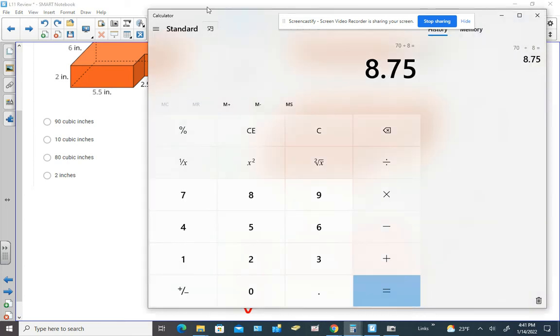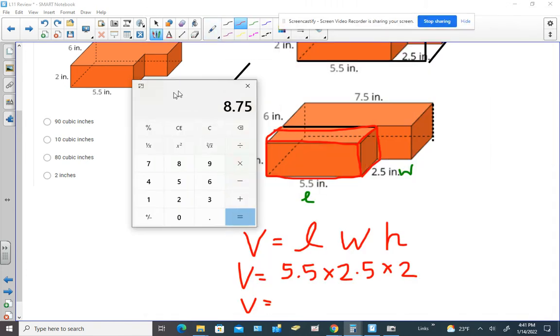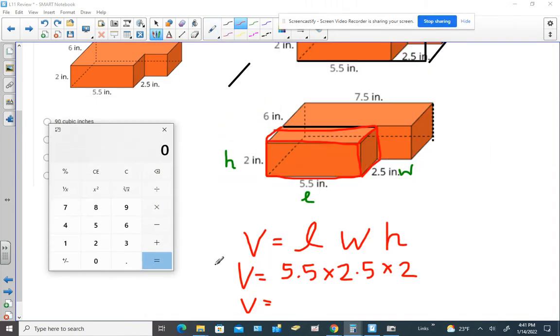All right, we'll make it a little small, put it over here. Let's clear it. All right, so we have 5 5/10, 5.5 times 2.5 times 2. And we get this number. So let's write that number down. 27 5/10 cubic inches.